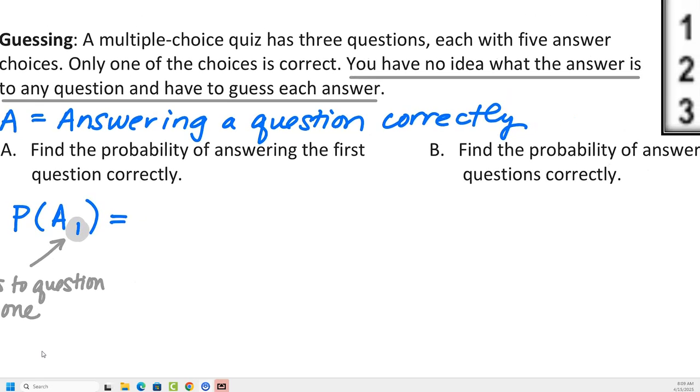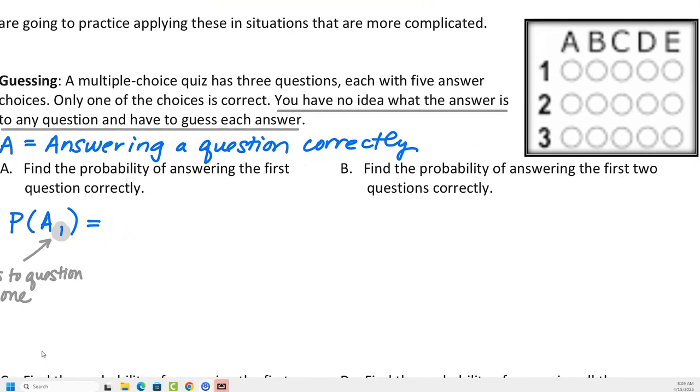We are doing just theoretical probability here. How many choices do you have for question 1? 5, right? A, B, C, D, or E. Of those 5 choices, how many are favorable?